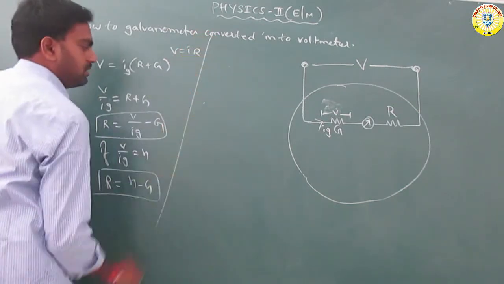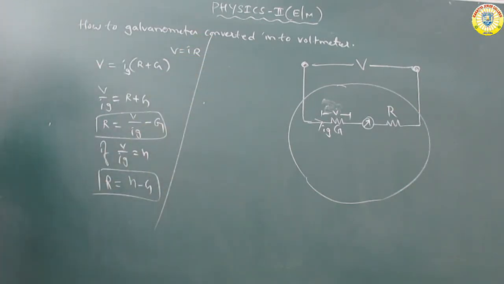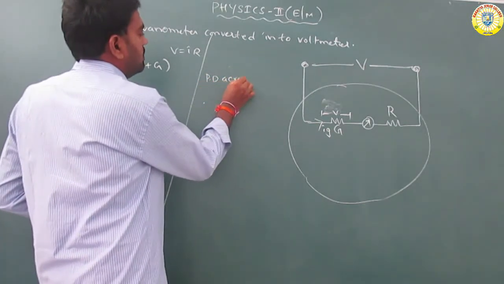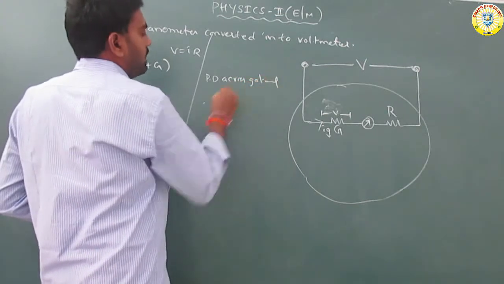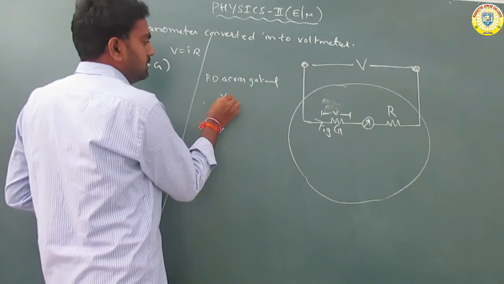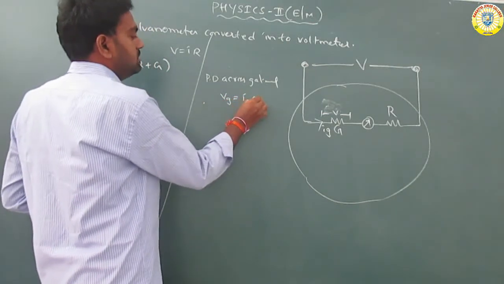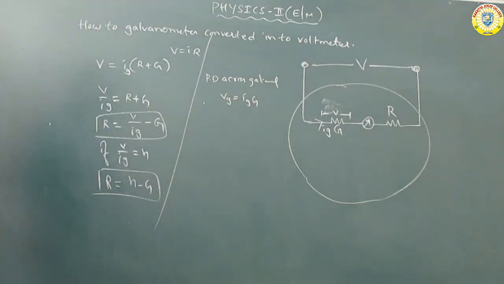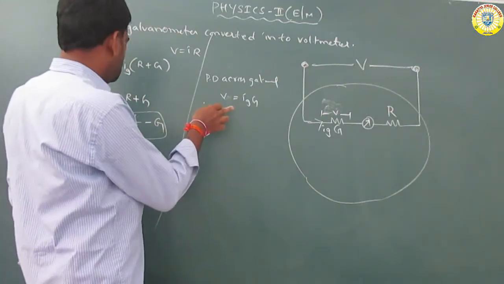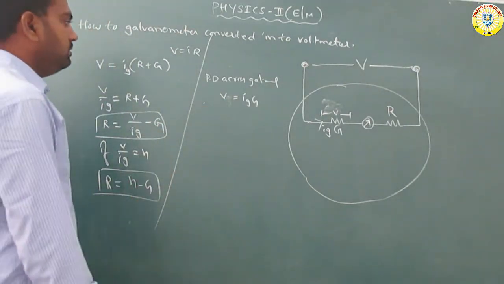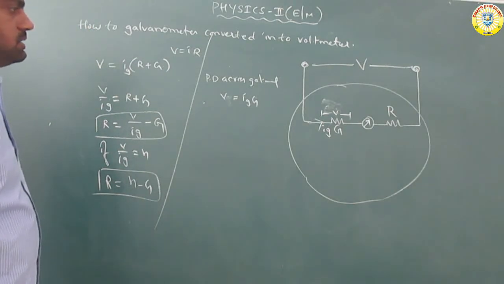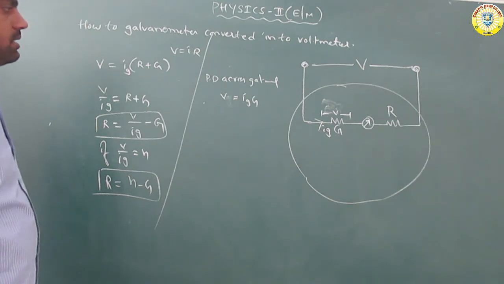Now consider the potential difference across the galvanometer, VG, which is equal to IgG. So Ig is equal to VG by G.